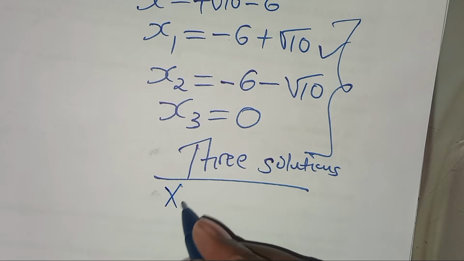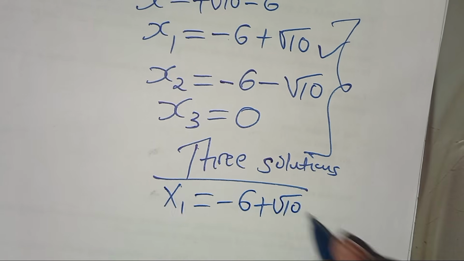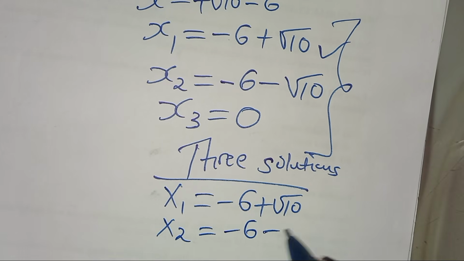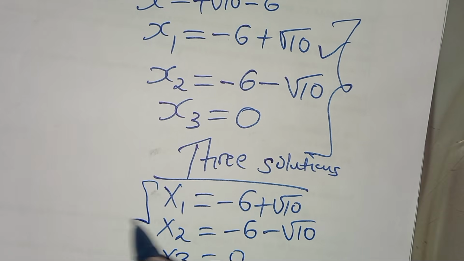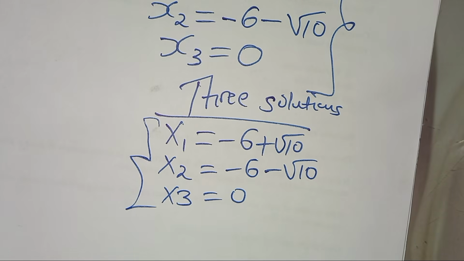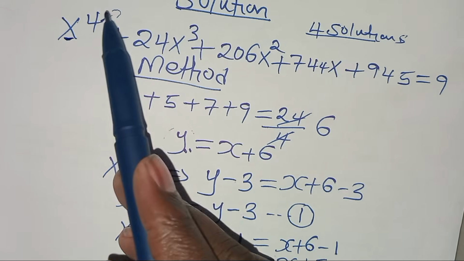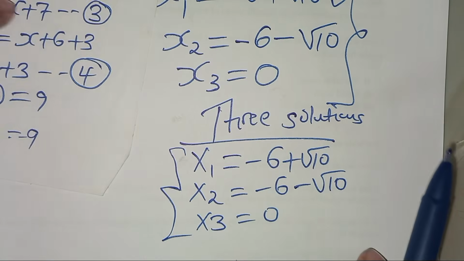That is x1, which is equal to negative 6 plus square root of 10, x2, which is negative 6 subtract square root of 10, and x3, which is equal to 0. So we have three solutions, as opposed to if you use the expansion method, where you're supposed to get 4 solutions, but now we have 3 solutions.